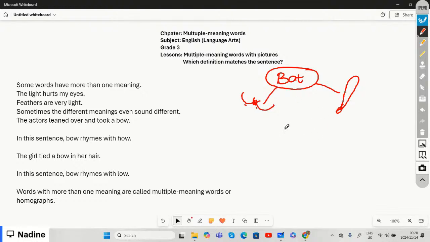Then we have another word, which is desert. Desert also has more than one meaning.